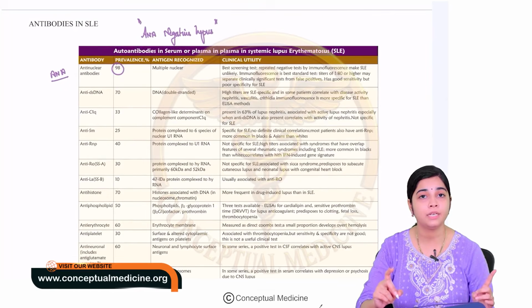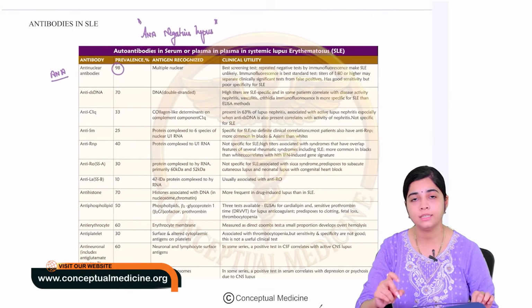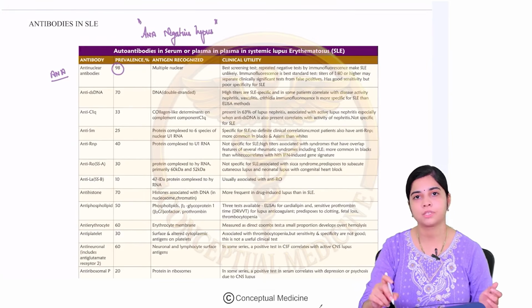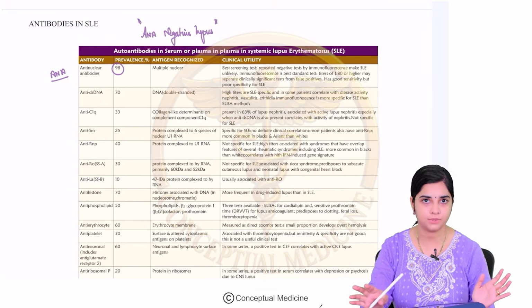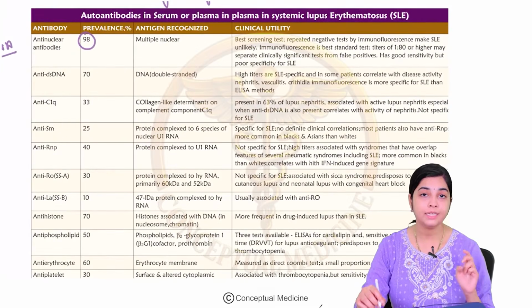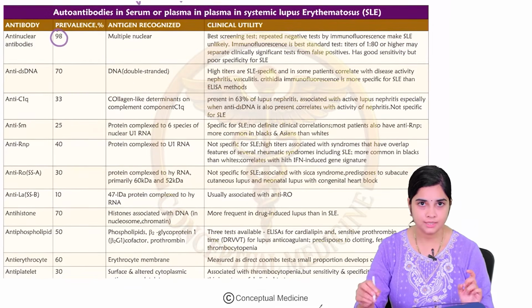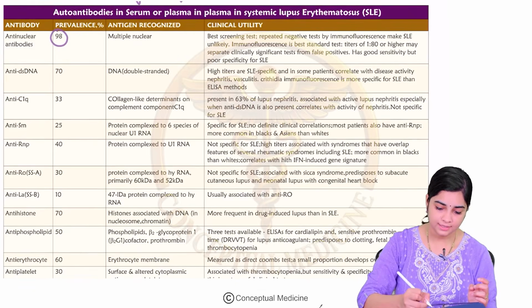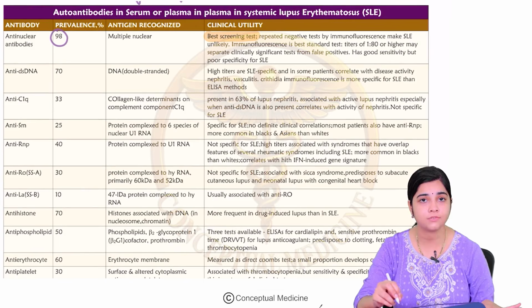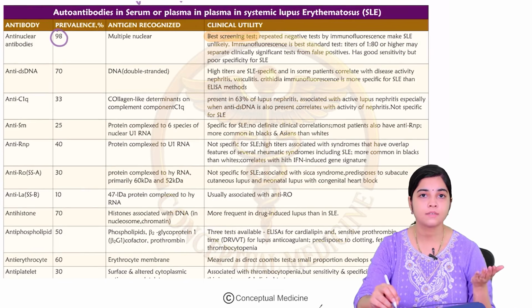So you have to remember that there is an entity called ANA negative lupus. That is why all ANA positivity is not SLE. There can be an ANA negative lupus, and ANA can be positive even in normal healthy individuals. ANAs are seen in 98% of individuals with SLE, so this acts as the best screening test. It is not a diagnostic test for SLE, rather it is a screening test.